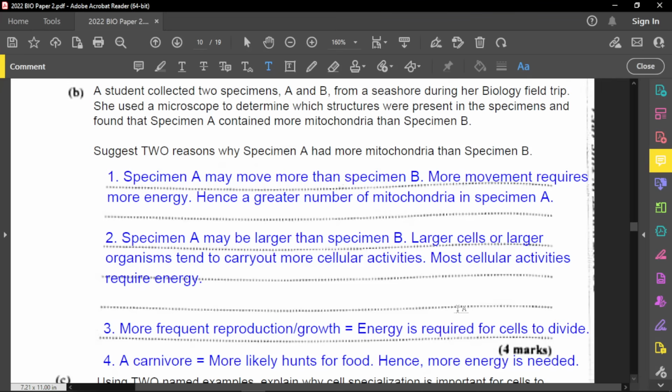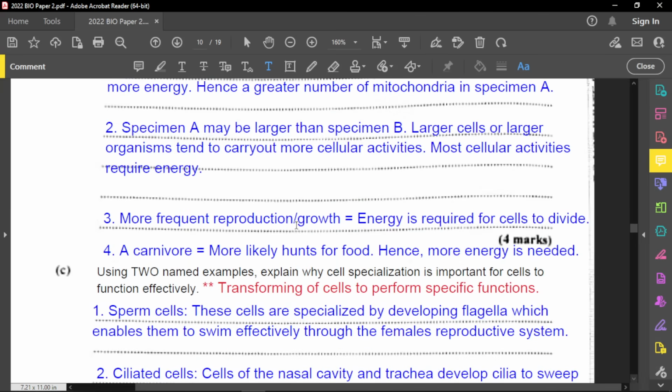All right. Now, for the third option here, you have more frequent reproduction or growth. So if specimen A is growing more frequently or more rapidly or reproducing more, but these could be 2 separate points. Reproduction and growth could be 2 separate points. And so any of these, they require energy for the cell to divide, right? So growth and reproduction requires cell division, so therefore require more energy for cell division, of course. For the fourth option, specimen A could be a carnivore.